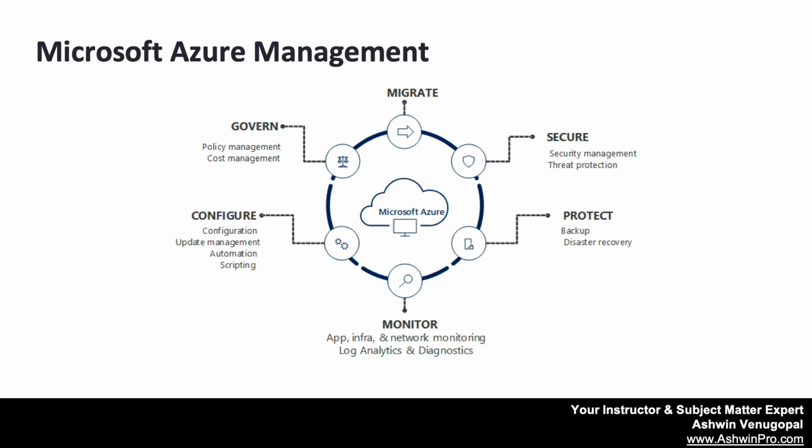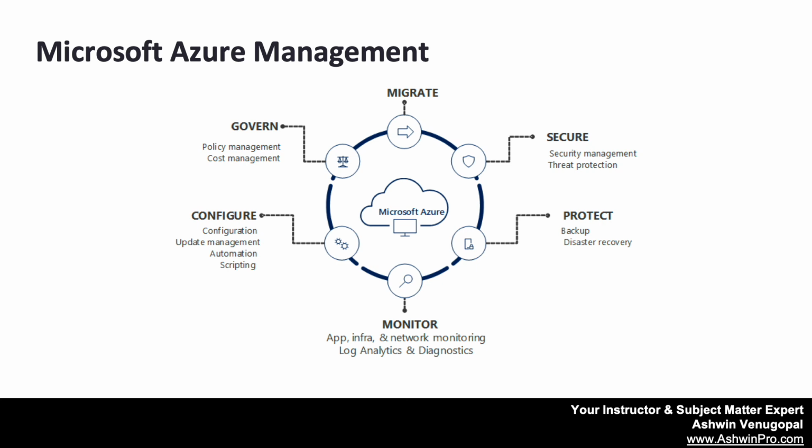so that your systems are working based on certain compliance requirements. Now, the migrate section is something that comes into the picture the very first time you are moving to Azure. You will have to migrate your on-premise workload onto Azure, so you should definitely have certain strategies for doing the migration.